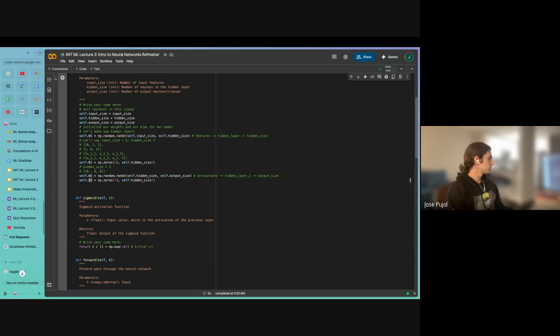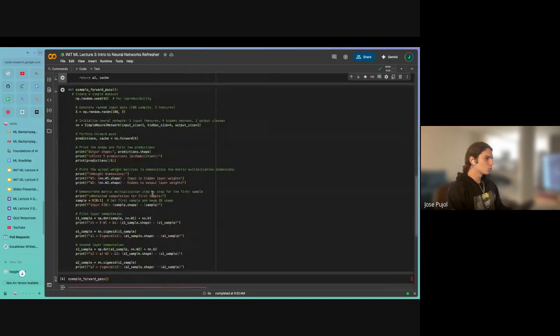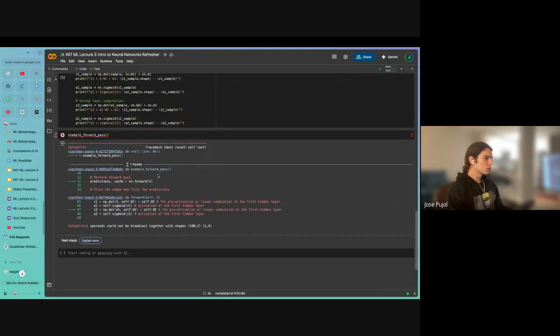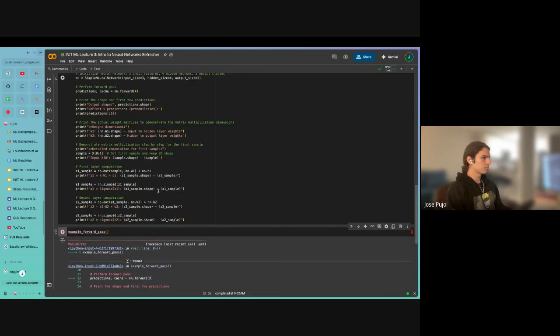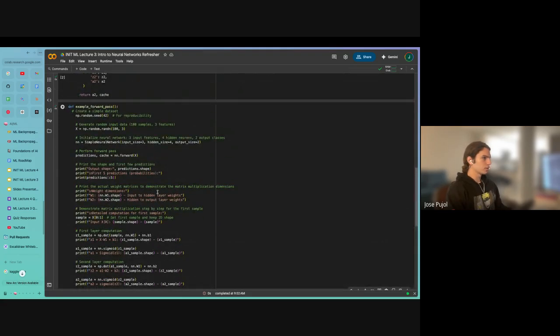I have hidden size, input size. Cache dot forward. Print the shape of the first couple. Operands could not be broadcast together with shapes 100 to 14.